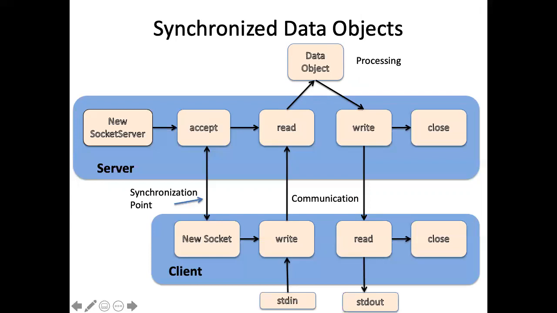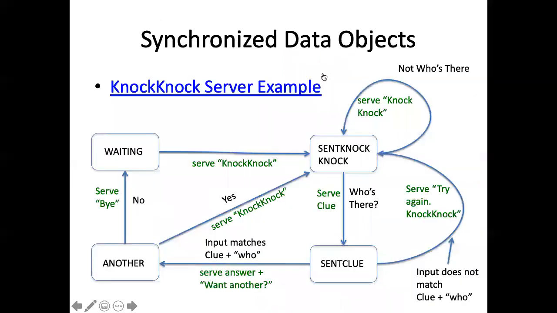Up here it was supposed to say synchronized. The top here is saying synchronized data objects. Here we have a data object that we are going to be using to do some of our processing. And the example is a knock-knock server.